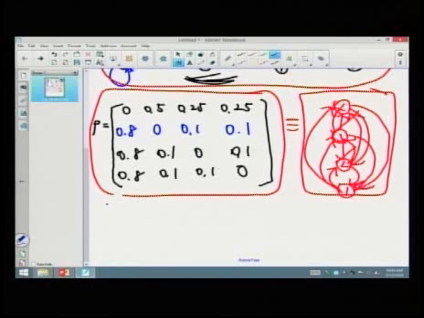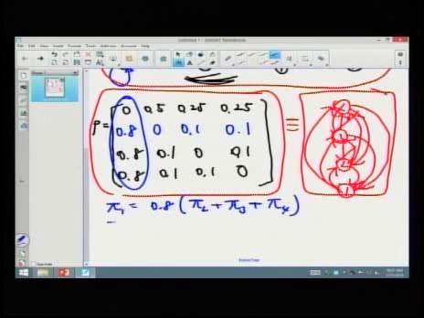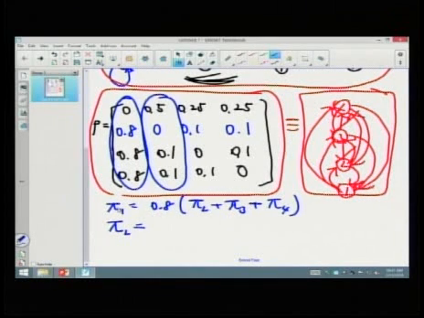So pi 1 should be pi times the first column of this P matrix. So that's going to be 0.8 times pi 2, pi 3, pi 4, right? Likewise, pi 2 equals pi times the second column of this P matrix.